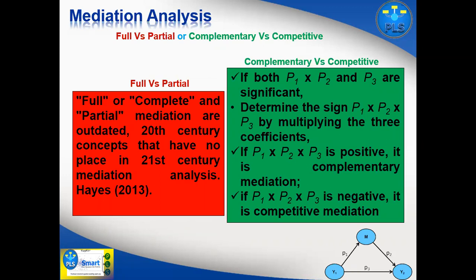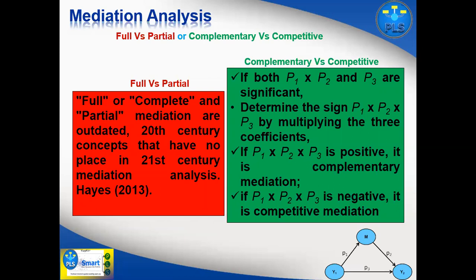But I agree with them anyway, because there are so many ways that you don't have to say partial, full, or complete. So recently again, Zhao et al., 2010, came up with something new: instead of saying there is full or partial or complete mediation, you use what is called complementary versus competitive.